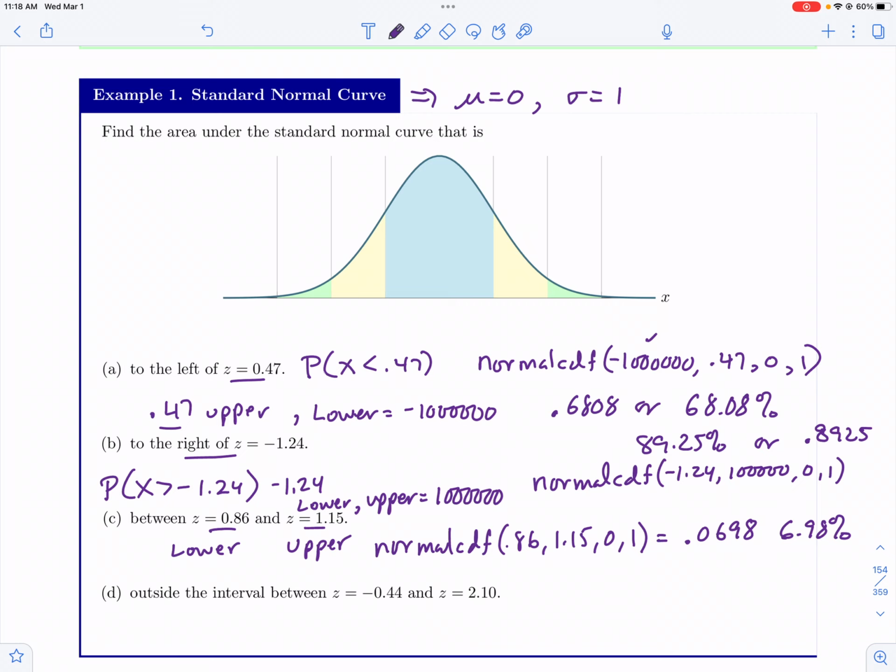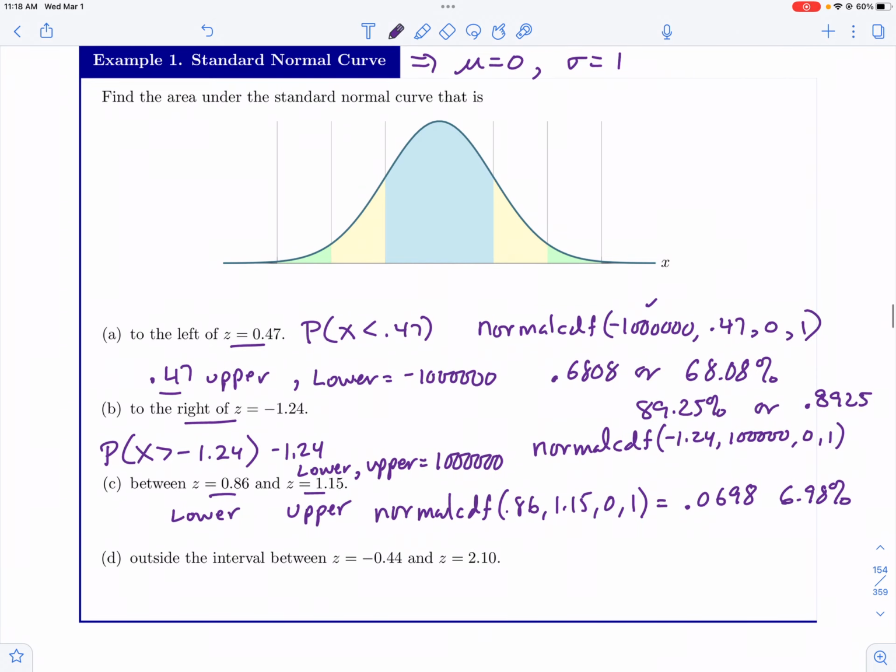All right, so for the last one, this one's a little weirder, because we're trying to find the interval outside negative 0.44 and 2.10. So if you think about this from a graphing perspective, negative 0.44 is going to be somewhere around there, and 2.10 is going to be somewhere right there.